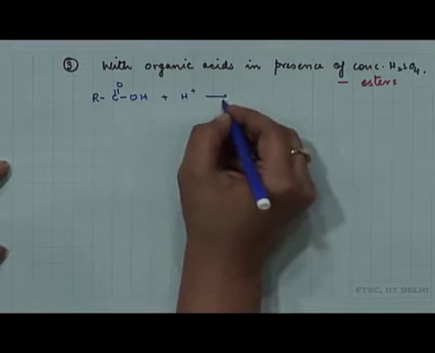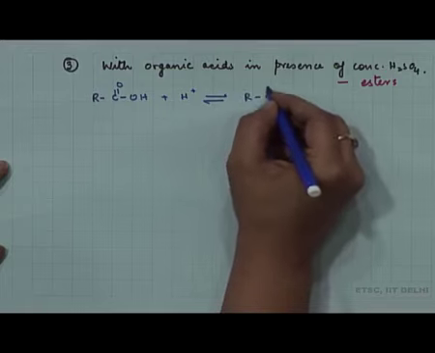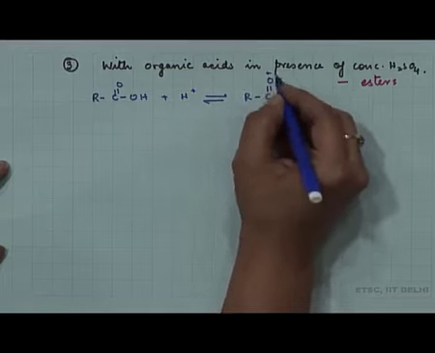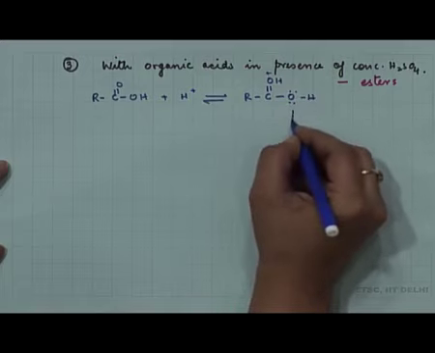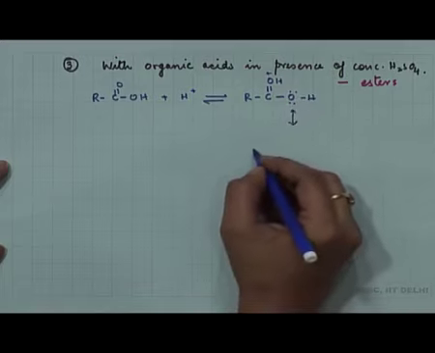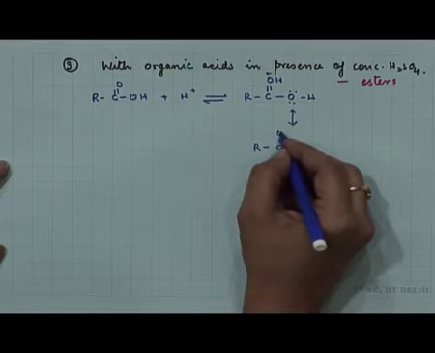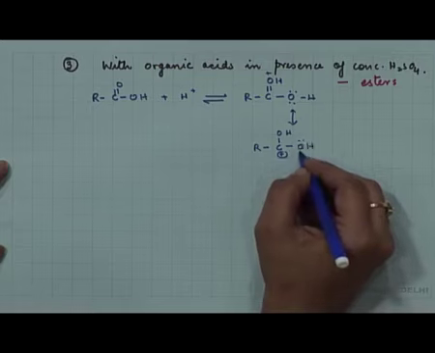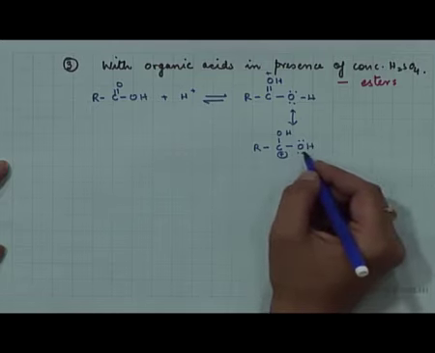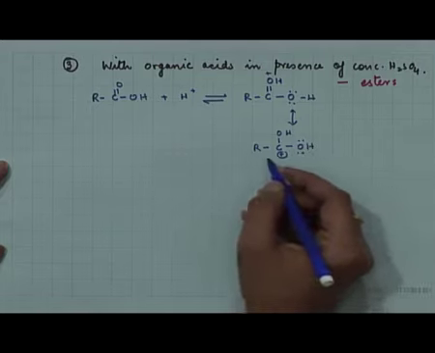So, the first step is the protonation. And this I can conveniently draw its resonating structure in which you see that there is a carbocationic species which is present.